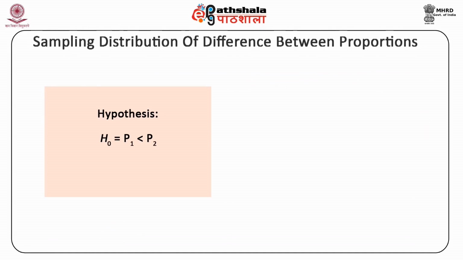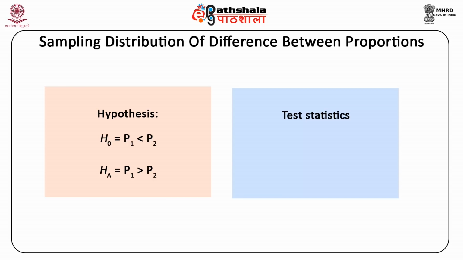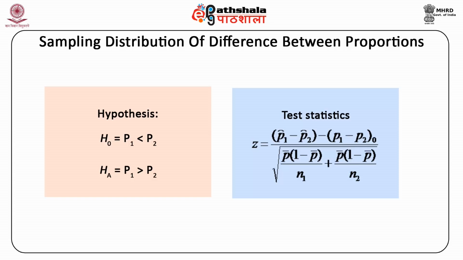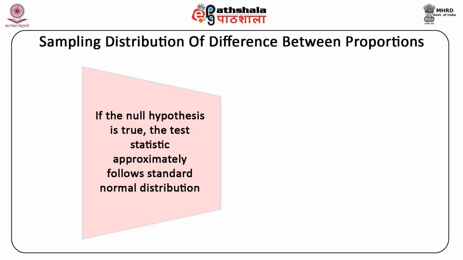Moving on to the hypothesis, we have H0: P1 less than P2, H1: P1 greater than P2, and the test statistic Z is calculated as Z equals (P1 hat minus P2 hat minus (P1 minus P2) naught) upon the square root of P bar into (1 minus P bar) upon N1 plus P bar into (1 minus P bar) upon N2.